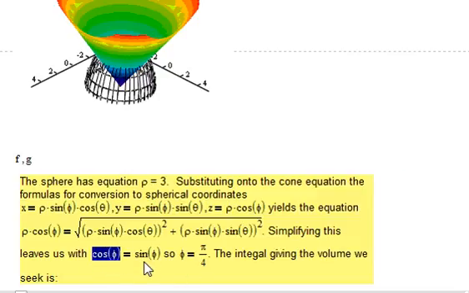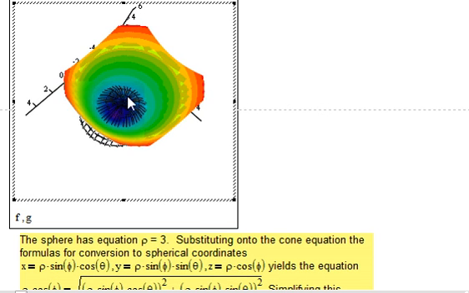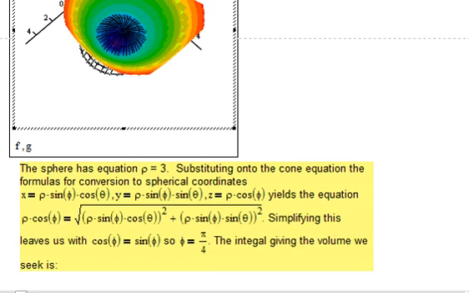We get cosine phi equals sine of phi, because the sine of phi will factor out here and here, and the square root of sine squared phi will give us just sine of phi. I hope you can see that. And so our phi equals pi over 4. So that means the angle between the pole and where this intersection occurs is pi over 4.